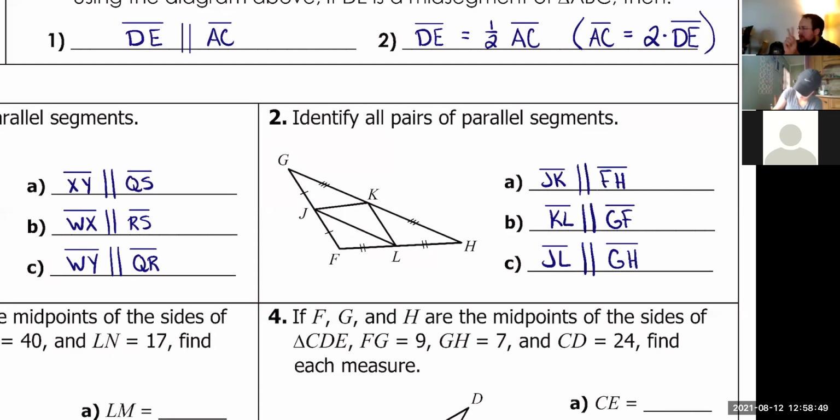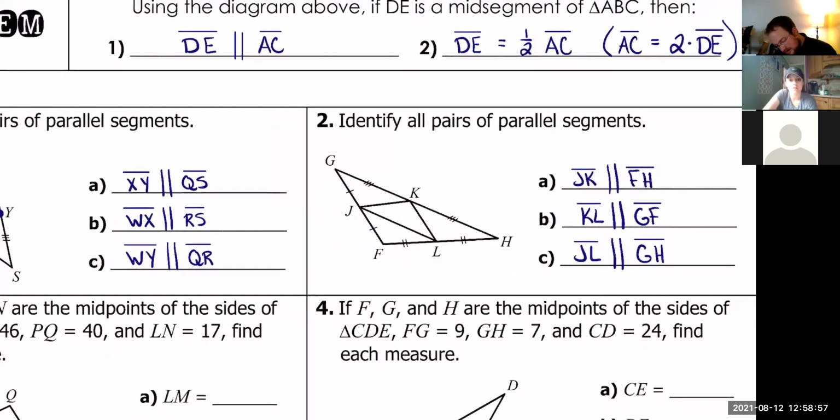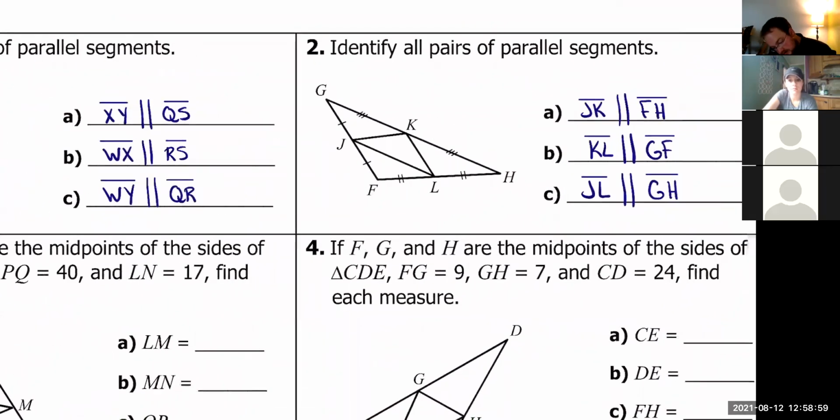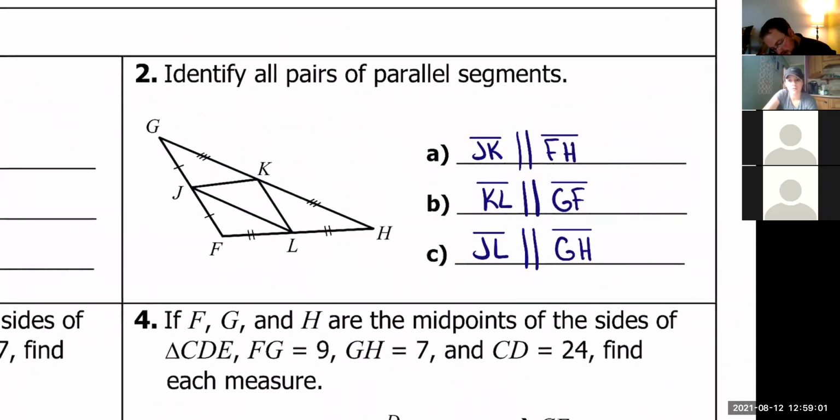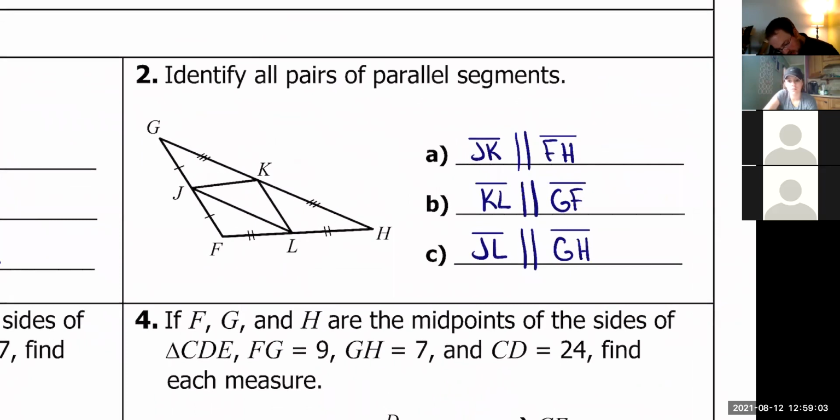Again, if you have the 2 endpoints switched around on the same segment, it's still the same segment. It's just naming it in reverse order. Could you not say KL is parallel to JF? So KL and JF, could you not just use that segment, or do you want to always use the whole line?